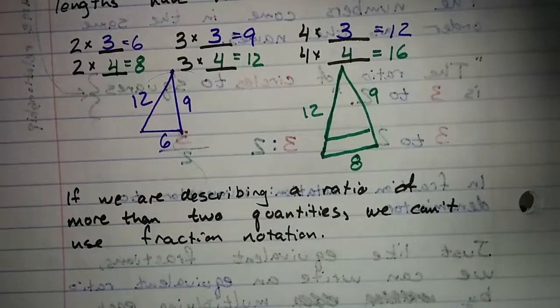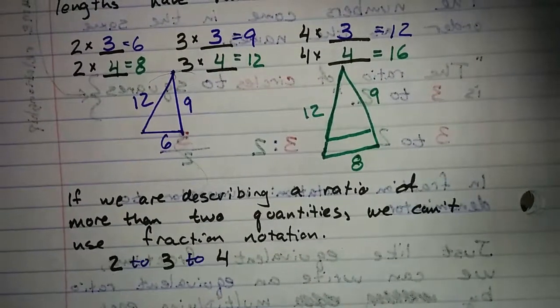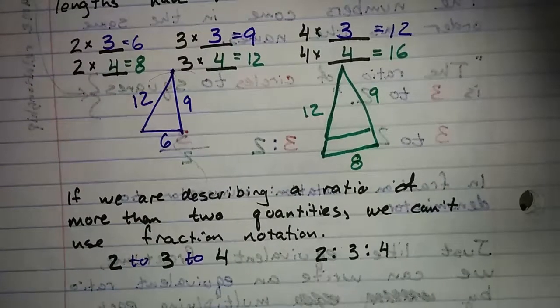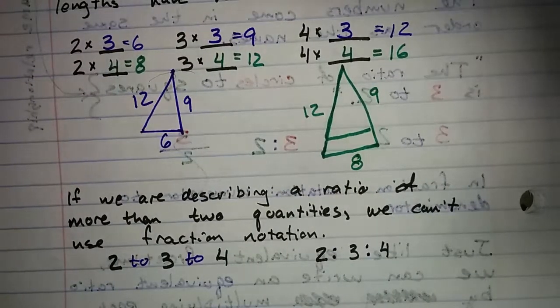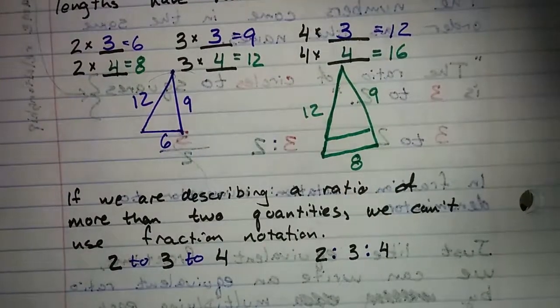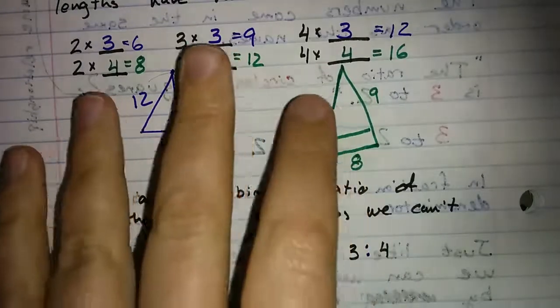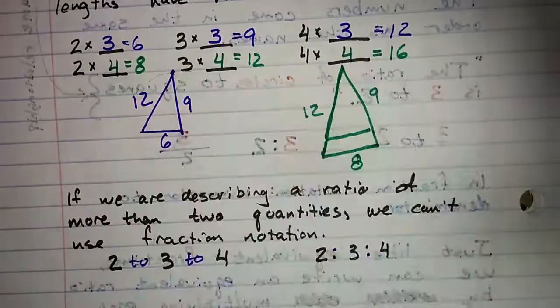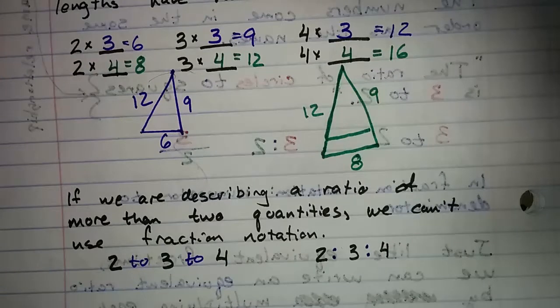We can use the word "to," or we can use the colon, but we can't use fraction notation because a fraction has just one numerator and just one denominator, which makes these sorts of computations a little bit more awkward, but not that bad, because again, we're just multiplying each number by the same thing.